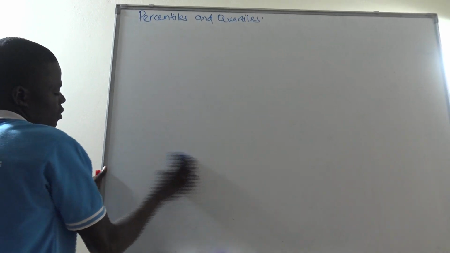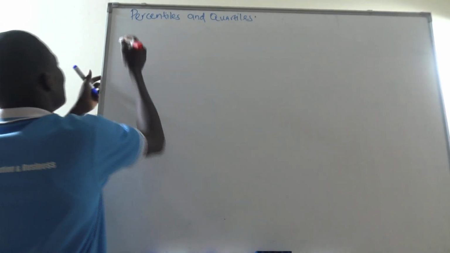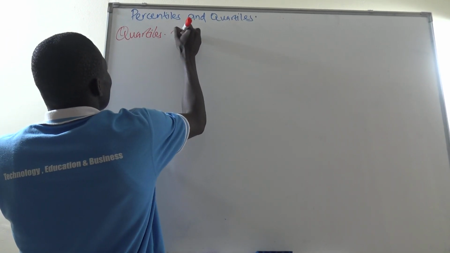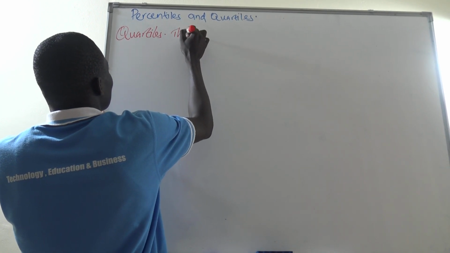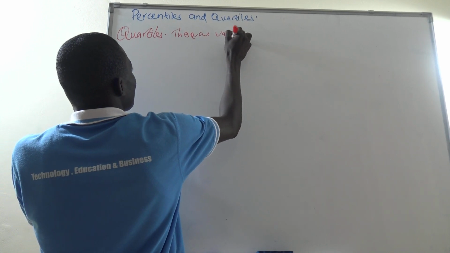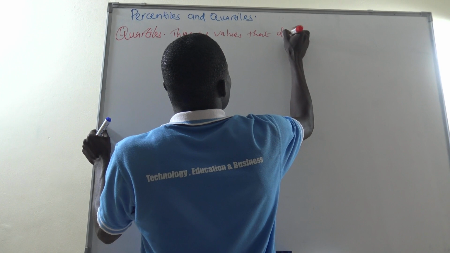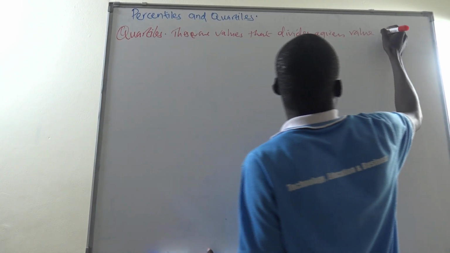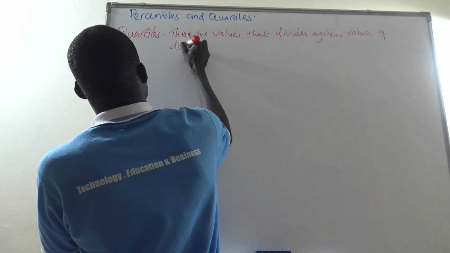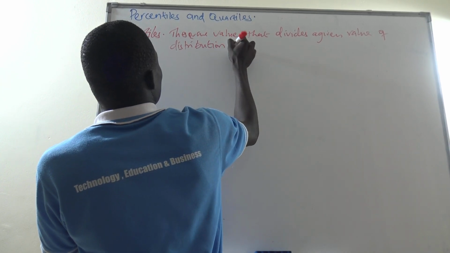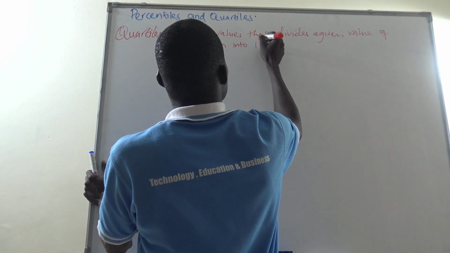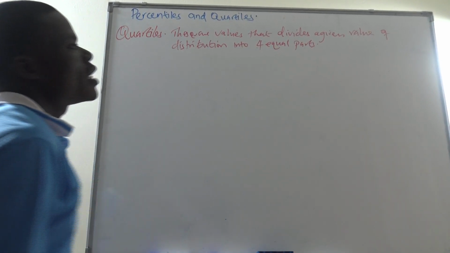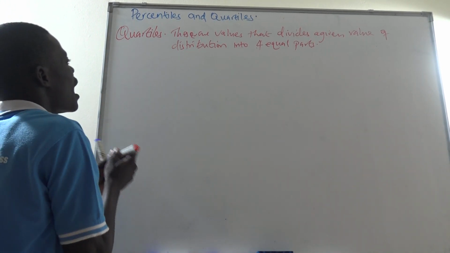The quartiles are values that divide a given distribution into 4 equal parts.